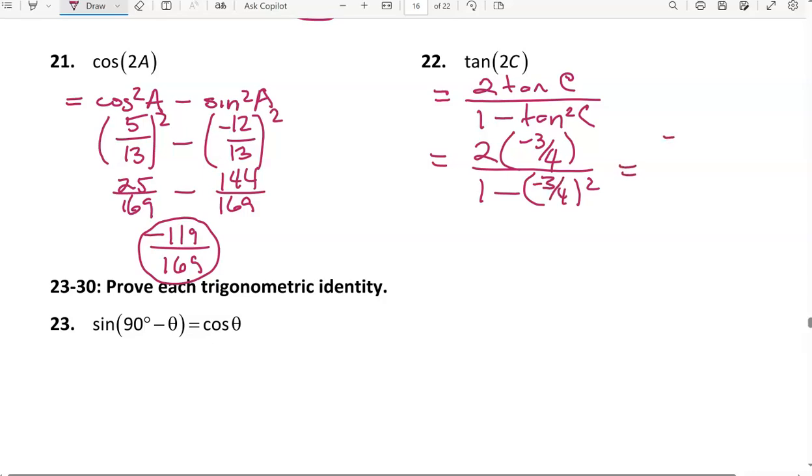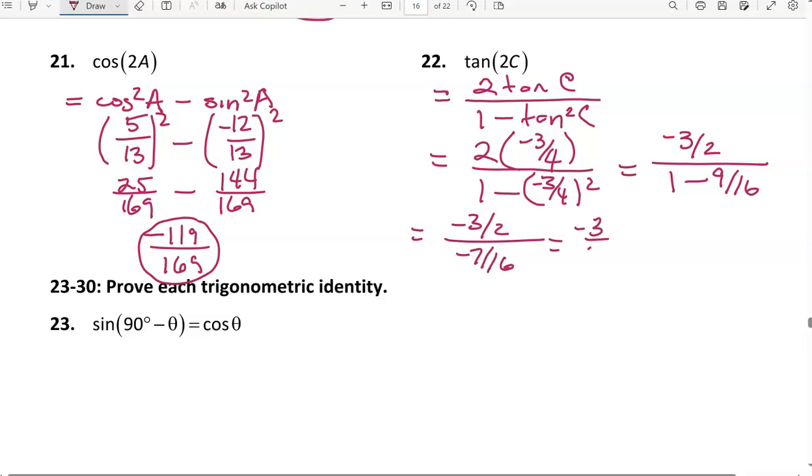2 times negative 3/4 is negative 3/2, and then negative 3/4 squared is 9/16. So now what we have is negative 3/2 divided by 16/16 minus 9/16, which is negative 7/16.